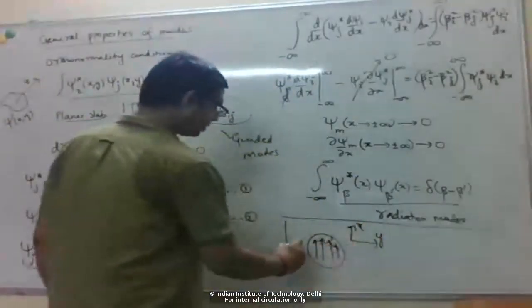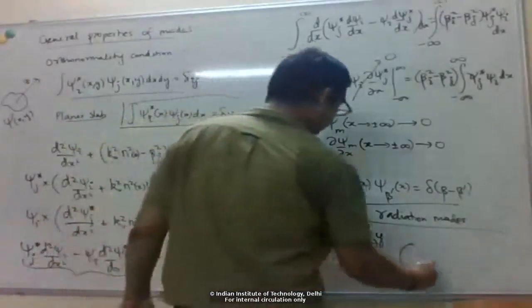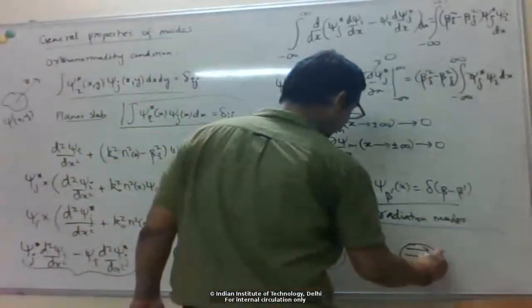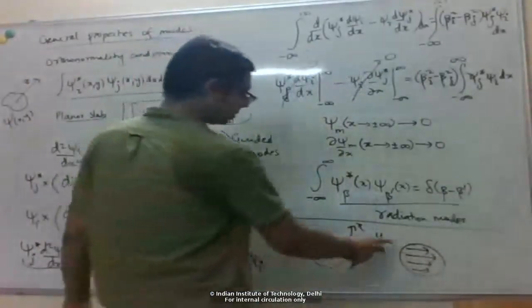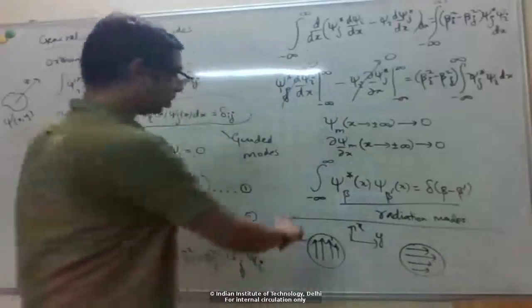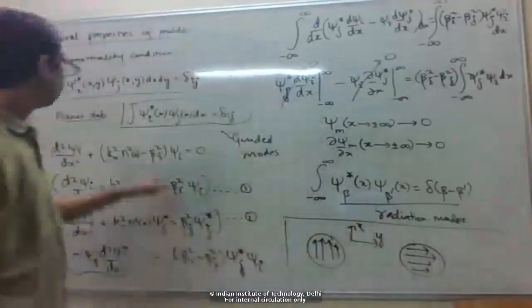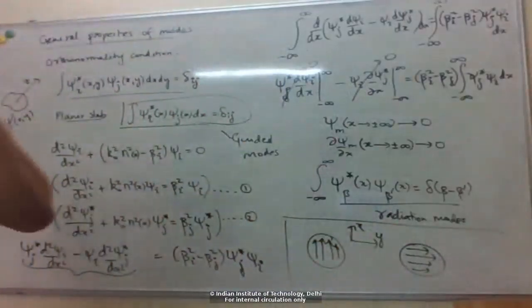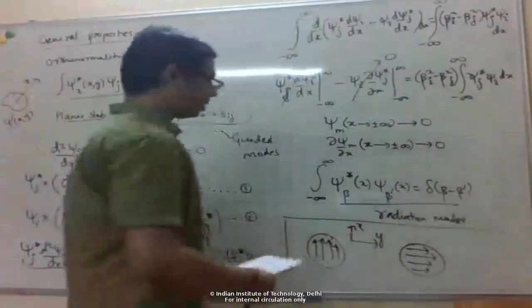So you could have a mode where the electric field is polarized in the x direction. You could have an equivalent mode which is polarized in the y direction, and there is no difference because it's just a rotation. So they should have the same propagation constant. Okay, so these would be two different degenerate modes.